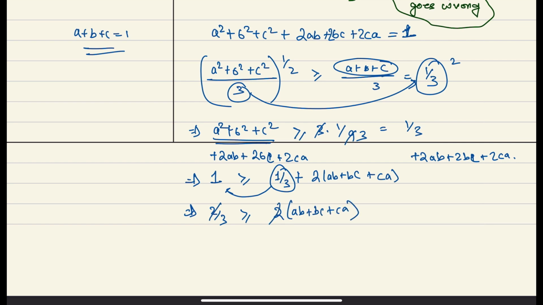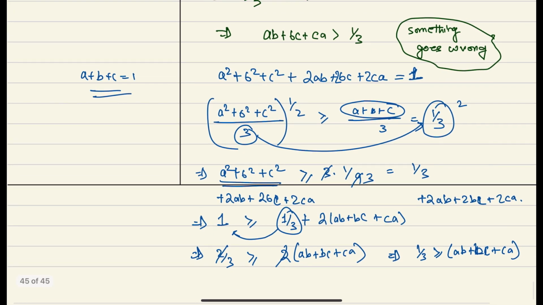So 2 and 2 cancel. So I have 1/3 is greater than or equal to ab plus bc plus ca. Now earlier we have ab plus bc plus ca is greater than 1/3. So we already found a contradiction and we showed that something goes wrong applying the quadratic mean inequality.